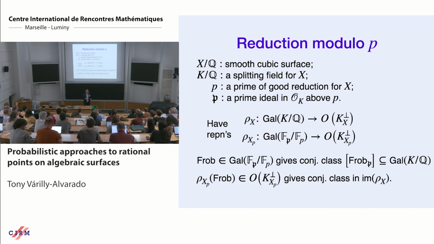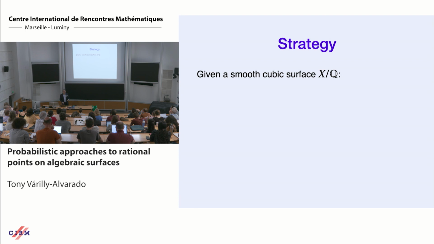So out of reducing modulo p and seeing how Frobenius moves the 27 lines, I get at least a little bit of information about the kind of elements that have to lie in my Galois group. And the idea is to do this for lots of primes. That's not a new idea, but how we use that information, I hope you'll find interesting.